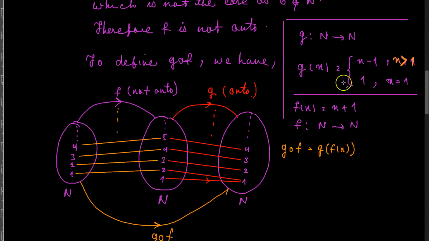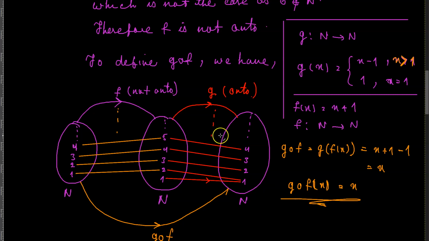So I can compose these functions together, meaning that the output of this function when n is equal to 1 is going to be equal to 2, which is the first input for this function, which means that I can write g of f of x, instead of x, I can write x plus 1, and then I have a minus 1 over here, and that gives me an x. And as you can see, GOF of x is actually equal to x.